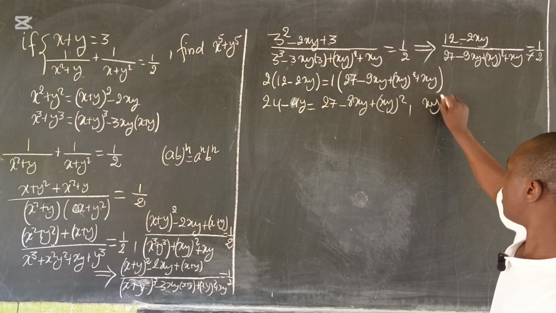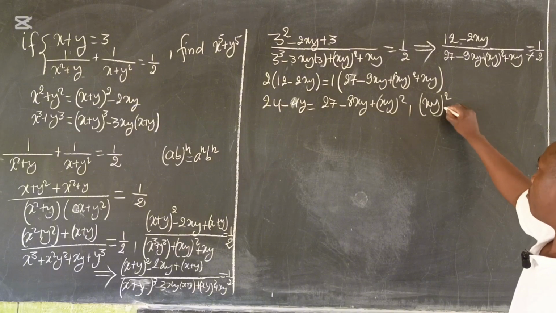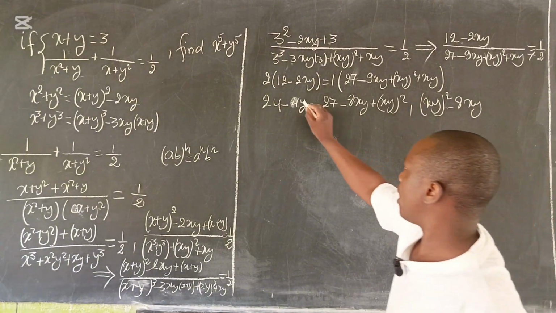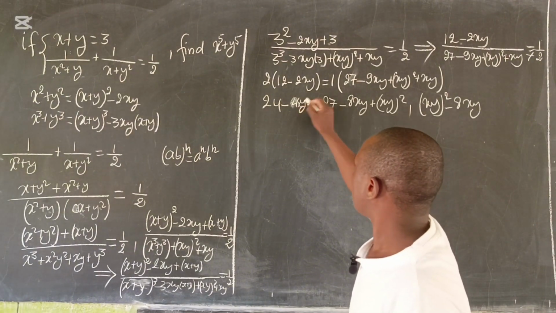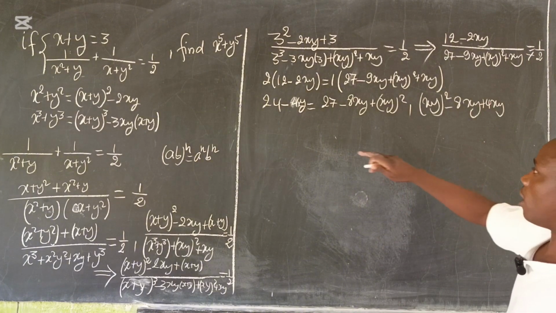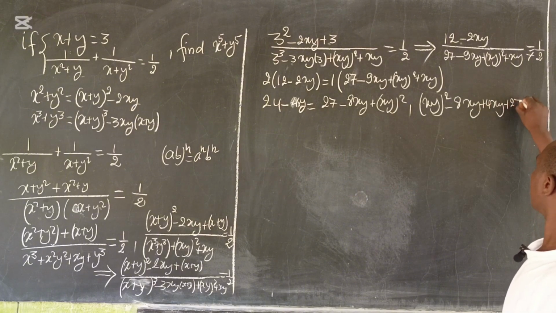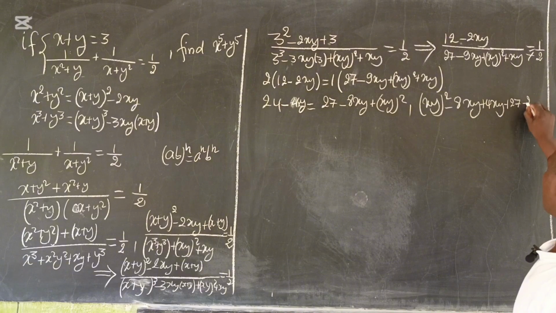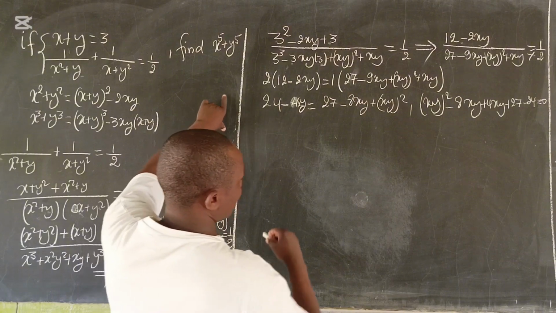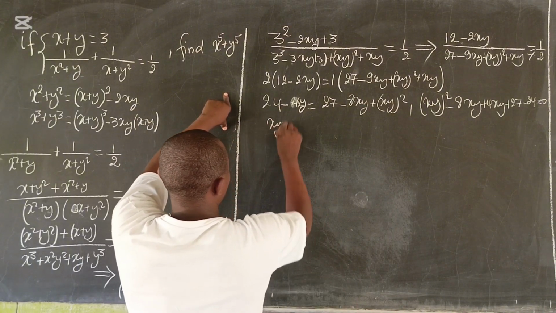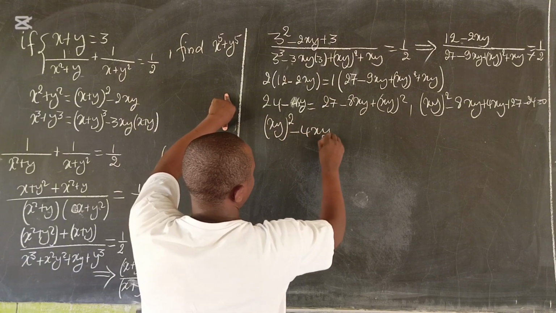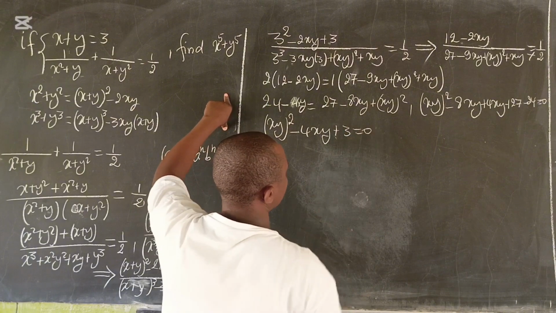Here is xy power 2 minus 8xy, sorry, here is xy power 2 plus 4xy plus 27 minus 24, which is equal to 0. Here we have xy power 2 minus 4xy plus 3, which is 0.